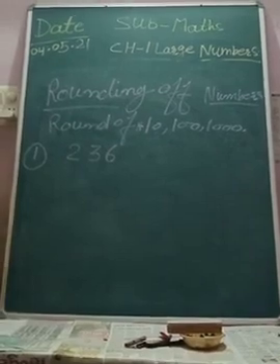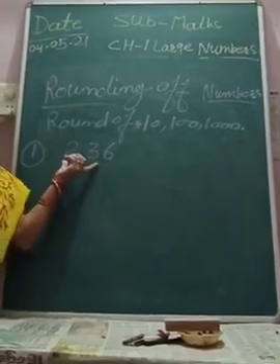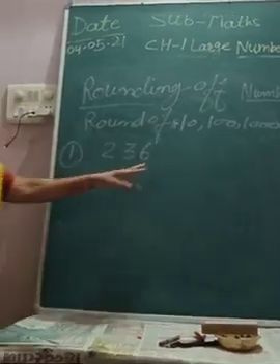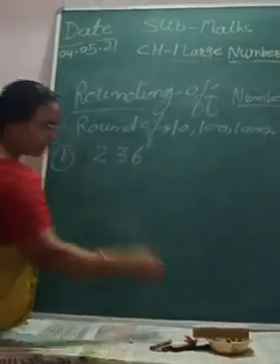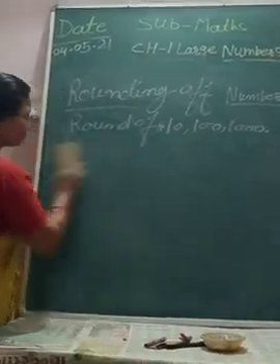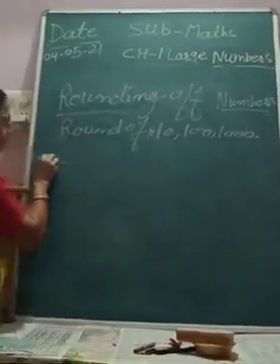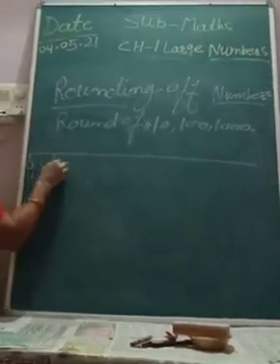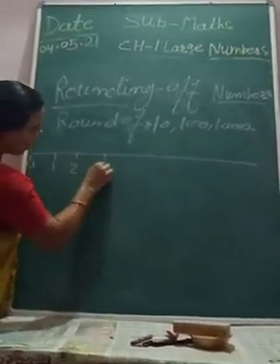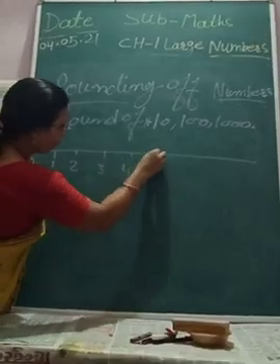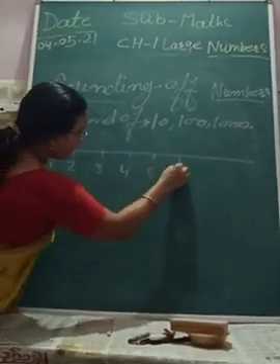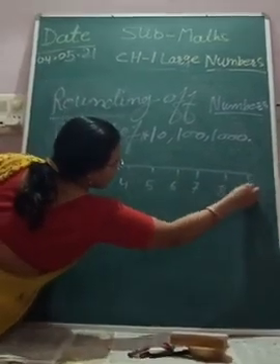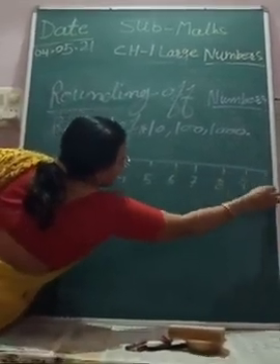So suppose I have written here 236. Now for rounding, I have explained the number line also. In the number line, see again for those who have not attended the class. I have written like this: 0, 1, 2, 3, 4, 5, 6, 7, 8, 9, and 10.